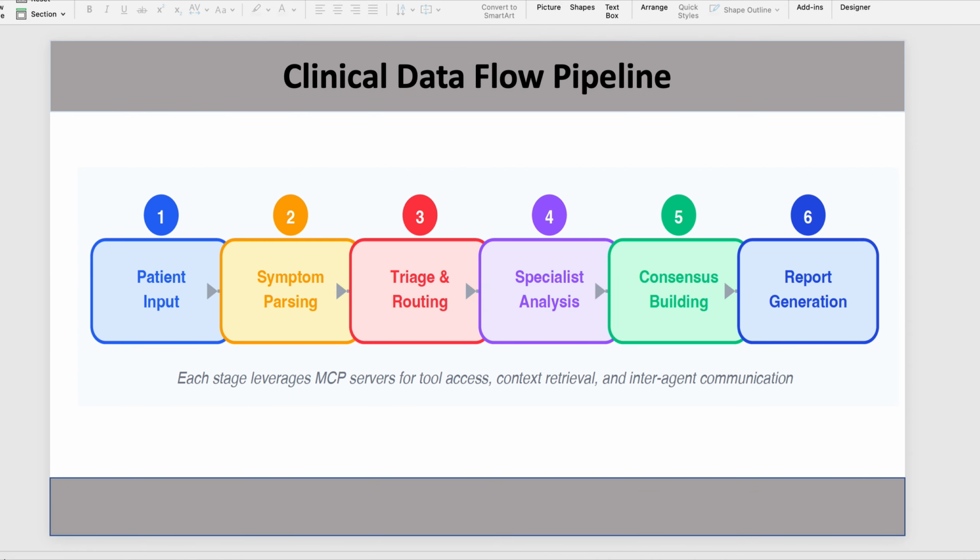So, the clinical data flow pipeline consists of patient input, then symptom parsing, triaging and routing, then specialist analysis. Based on the analysis comes consensus building, and finally report generation.